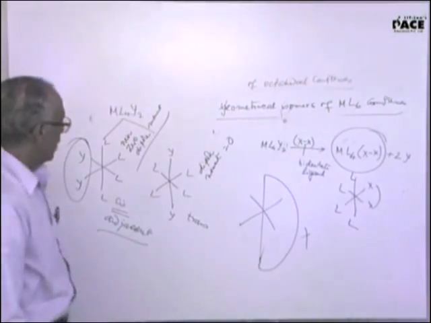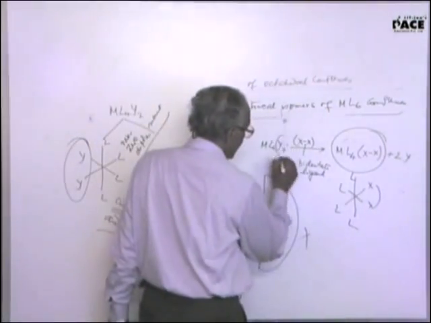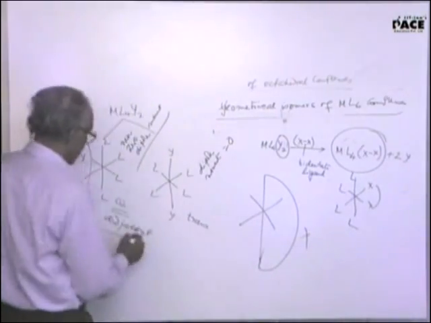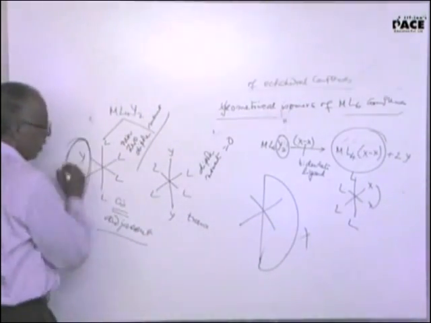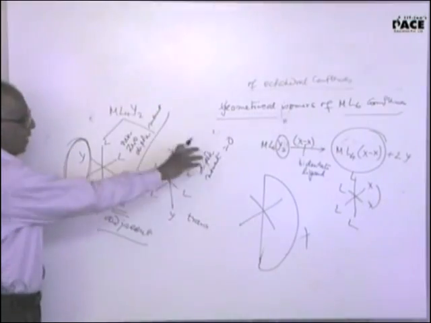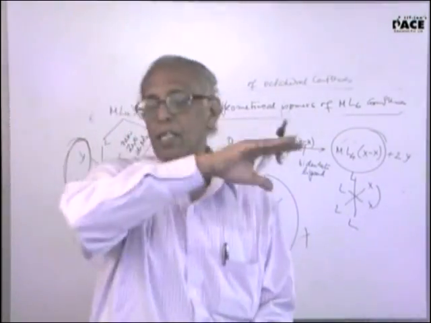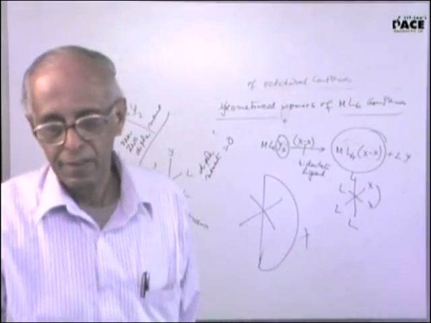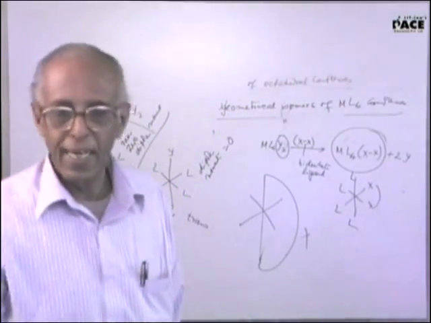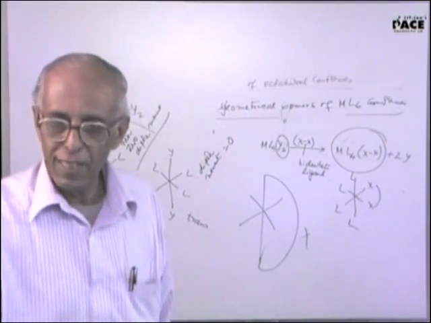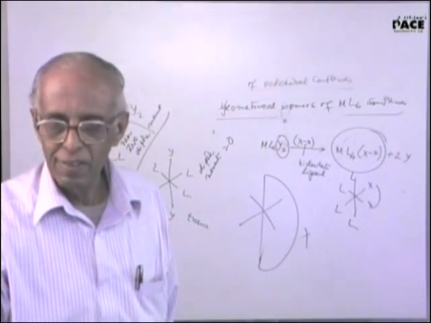That means the position of Y must be cis to each other, which have been replaced by a bidentate ligand. When they are trans, it cannot be replaced by a bidentate ligand. So if a bidentate ligand can replace, do you understand nucleophilic substitution reaction?